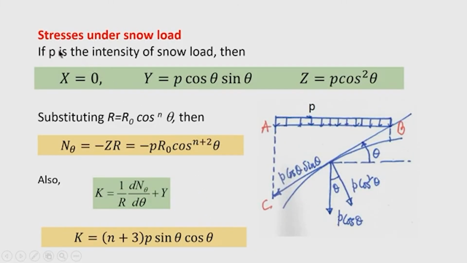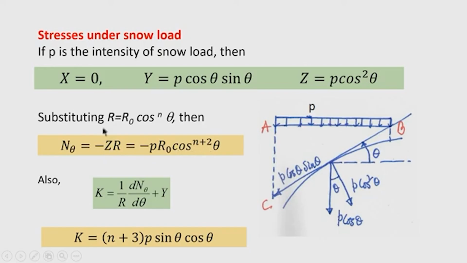Now, we go for calculating the stresses under the snow load. The component of the snow load along the radial direction and the circumferential direction is given as, in the radial direction, p cos square θ, as you can see from this figure, and in the circumferential direction, p cos θ sin θ. This is evident from the figure and was also discussed earlier.